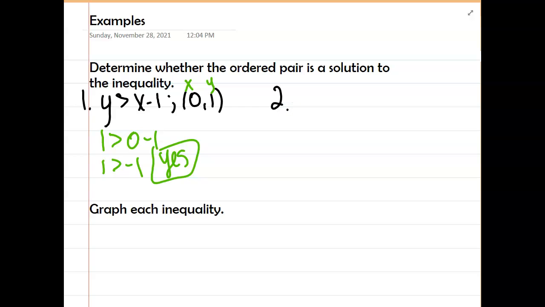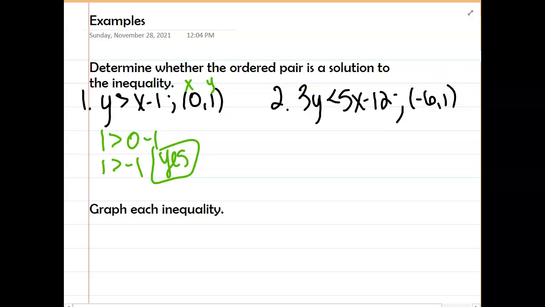Let's do another one of those. Let's say 3y is less than 5x minus 12. 3y is less than 5x minus 12. And the point is going to be negative 6, 1. Same idea here.